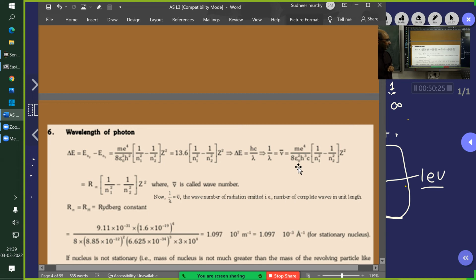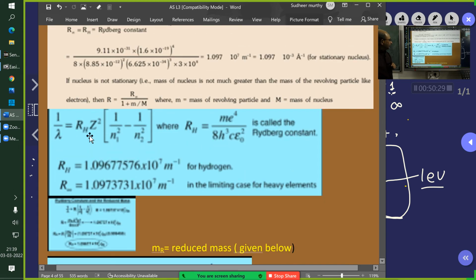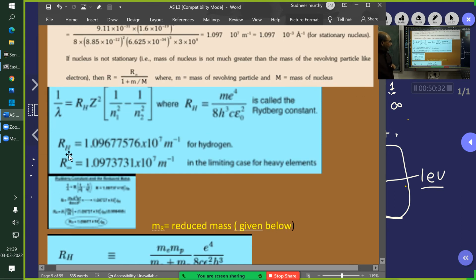Now I will tell you something about this Rydberg constant. You can see here R suffix H is 1.09 into 10 to the power of minus 7. R subscript infinity is 1.0973. You can see there.